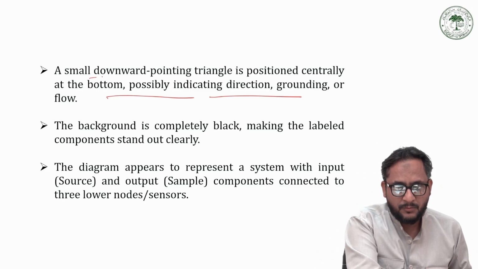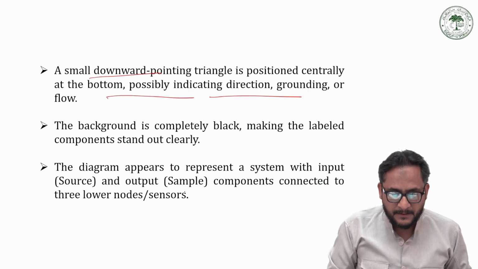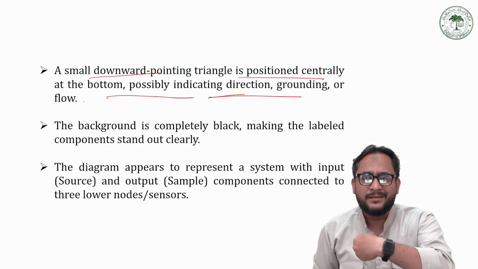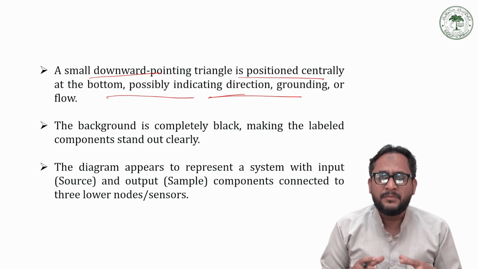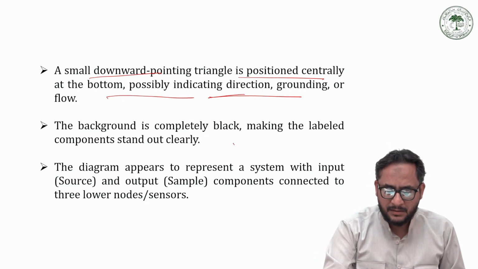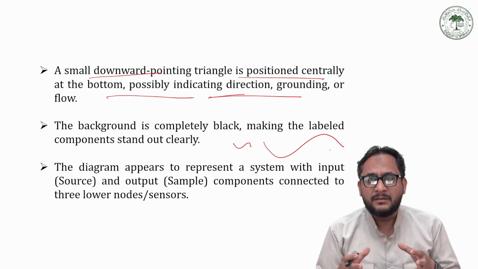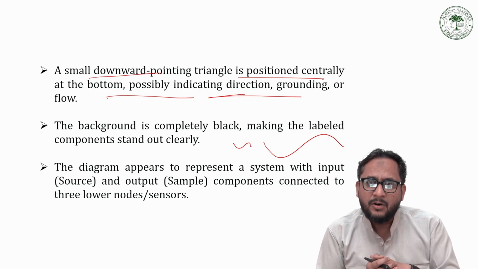A small downward pointing triangle is also present here, positioned centrally at the bottom, possibly indicating direction, grounding or flow. It is just showing that light radiation at the end is going towards the lower side, where we have an amplifier device which amplifies the signal. The small signal is converted into a big signal that can be readable, and that readable signal is then presented on the output device.